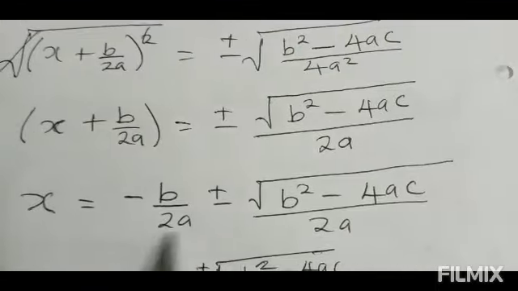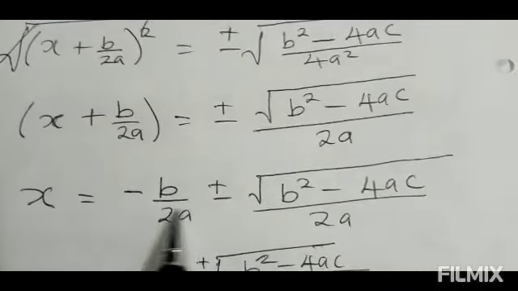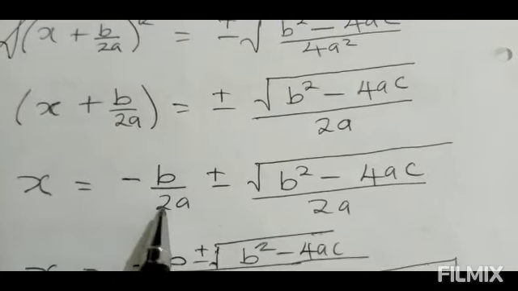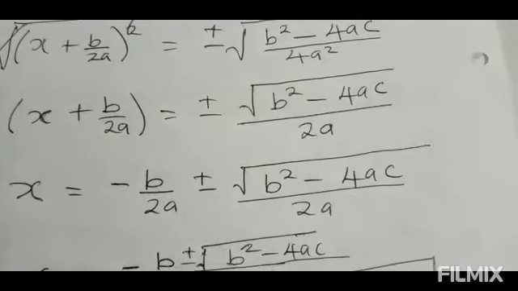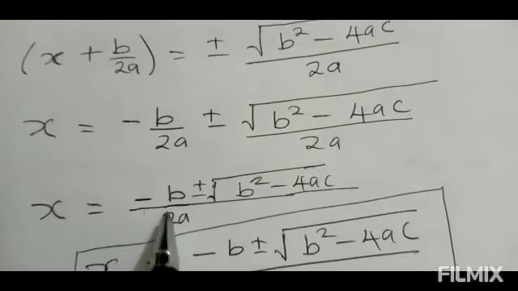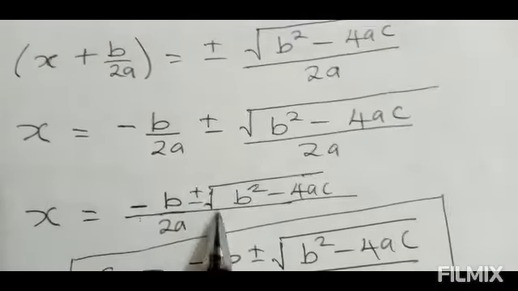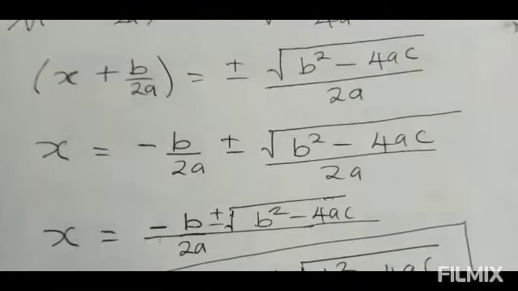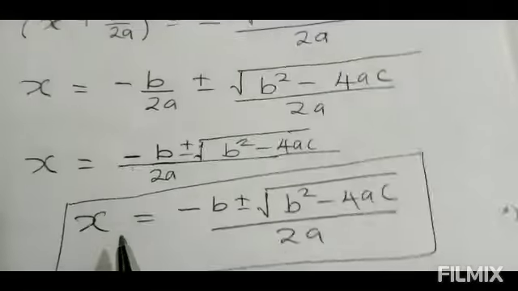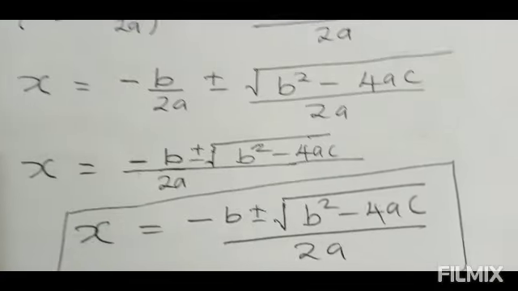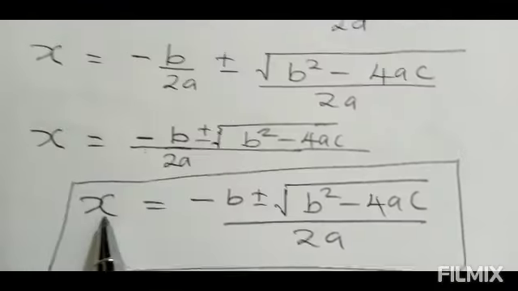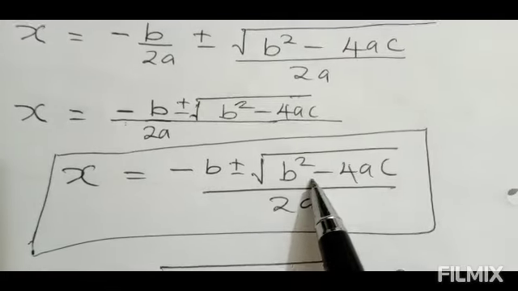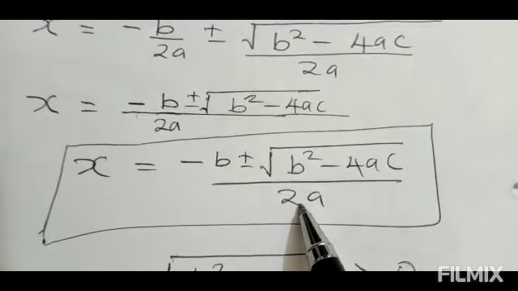Here the denominator is the same, so we can collect them. Common denominator 2a: minus b plus or minus the square root of b squared minus 4ac. Now we can make it look nice: x is equal to minus b plus or minus the square root of b squared minus 4ac over 2a.